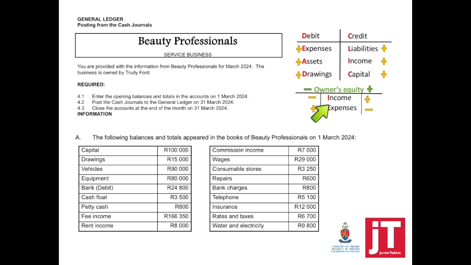My income will always have a positive effect on the owner's equity if it increases. If it decreases, it will have a negative effect. My expenses, if they decrease, will have a positive effect. When they increase, they will have a negative effect.